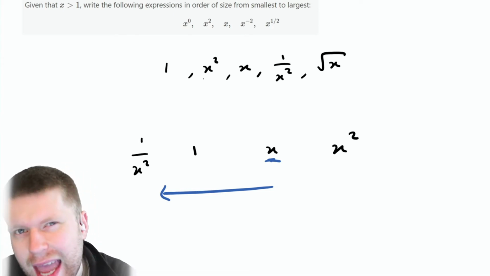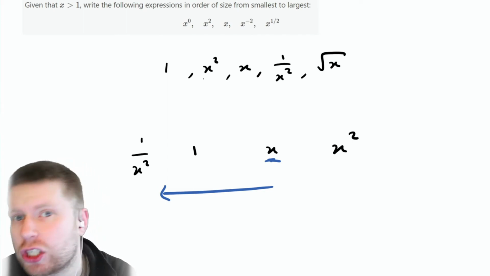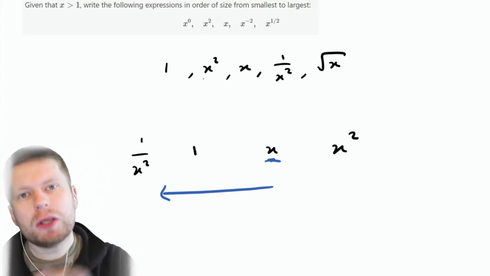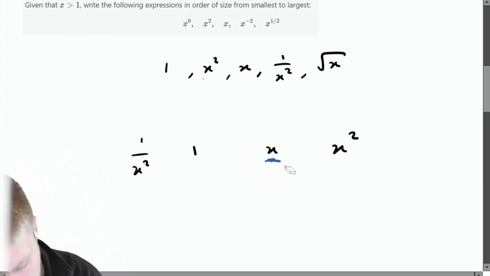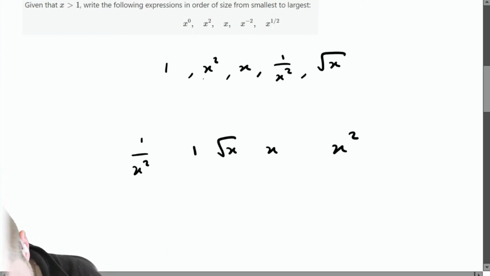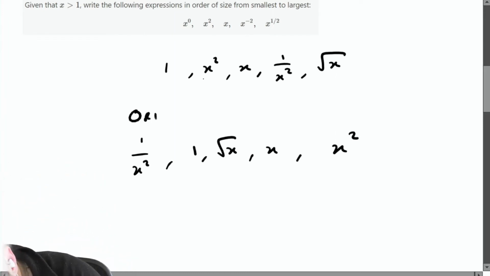Well, given the fact that x is greater than 1 to start off with, and the square root of 1 is just 1, any number which is bigger than 1 square rooted must also be bigger than 1 as well. So therefore, I know confidently that square root of x should fit here in my list. So that now is the order of my list. So this is the correct order.